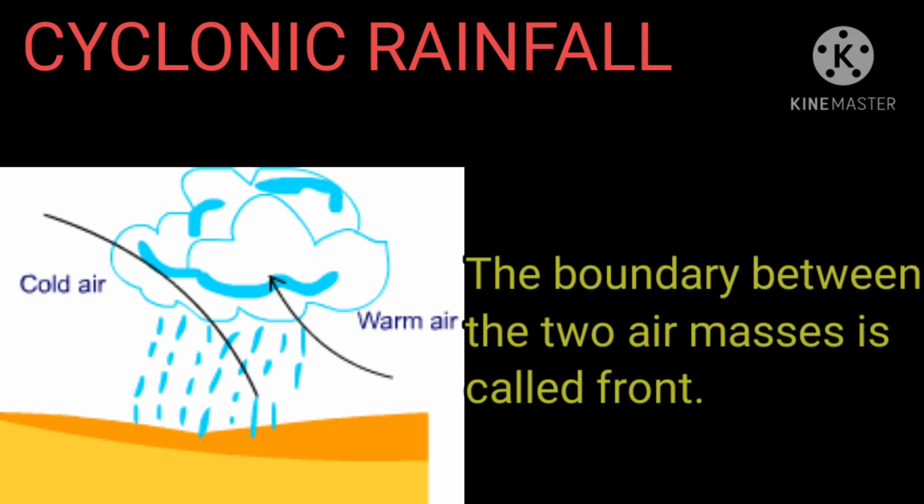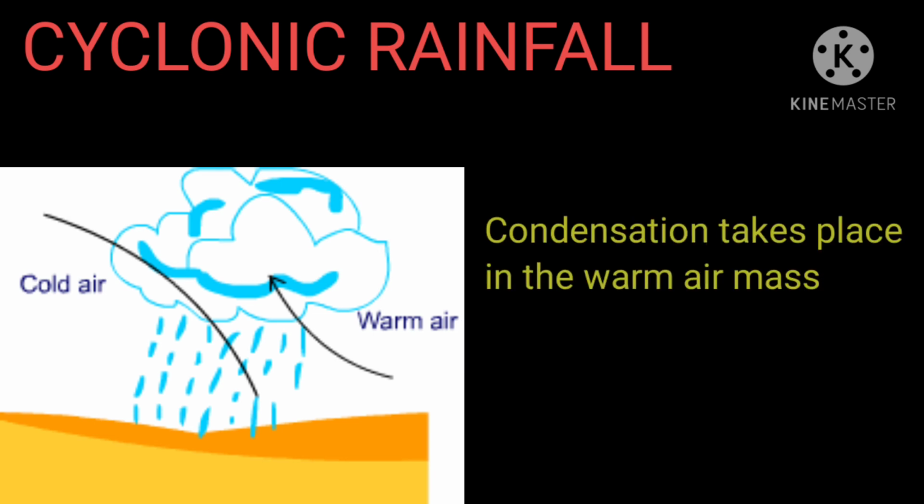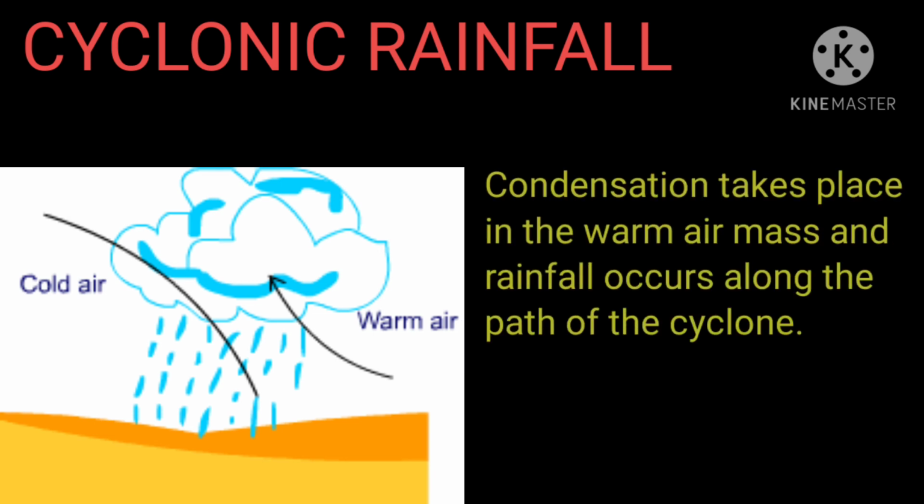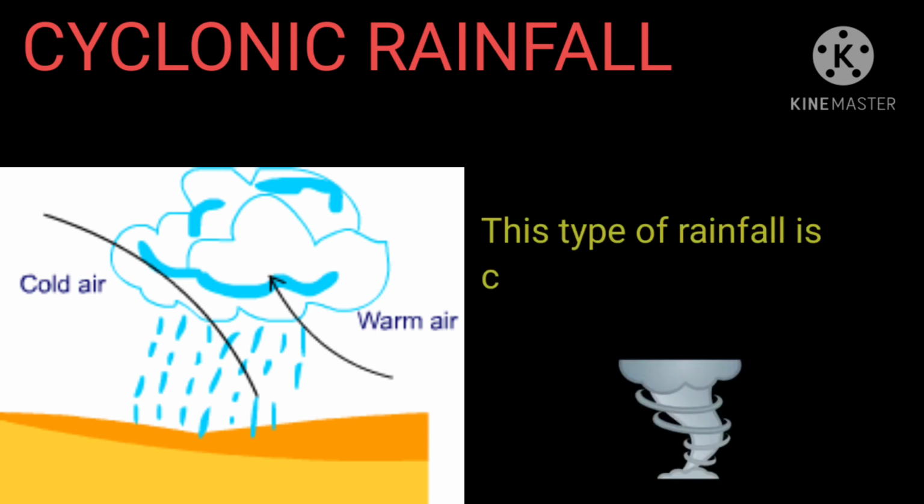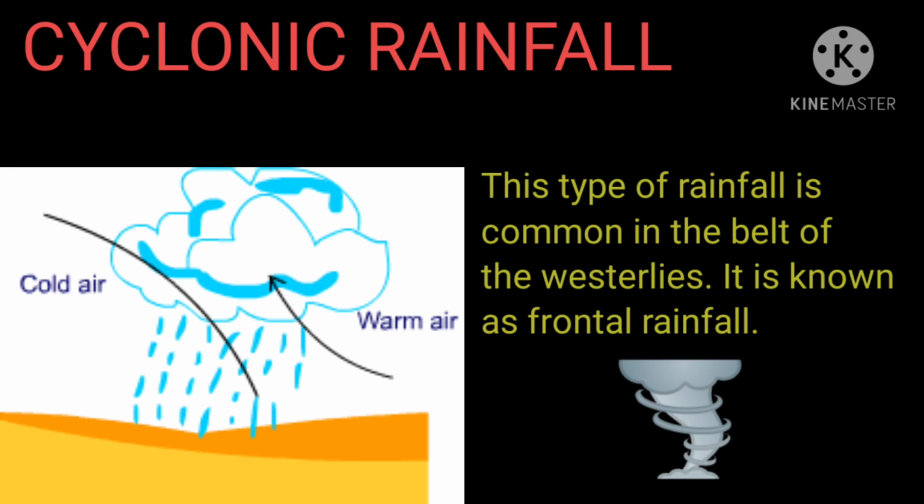The boundary between the two air masses is called front. Condensation takes place in the warm air mass, and rainfall occurs along the path of the cyclone. This type of rainfall is common in the belt of the westerlies, especially during the winter season. And it is also known as frontal rainfall.